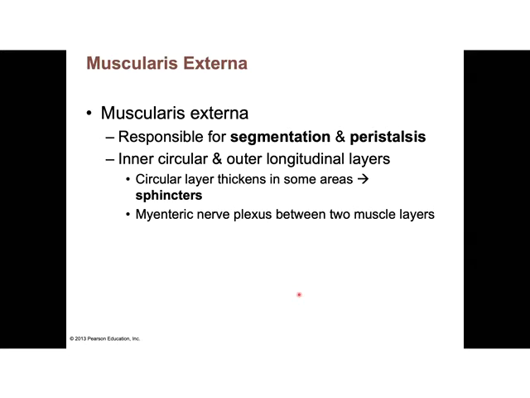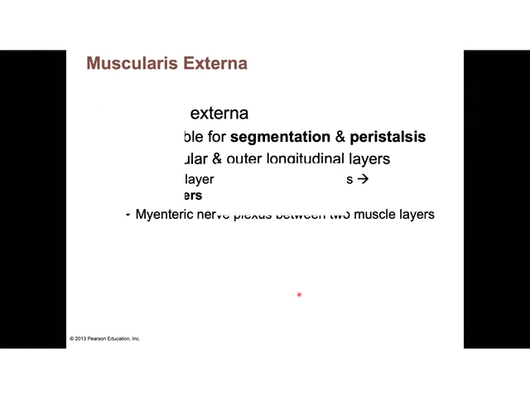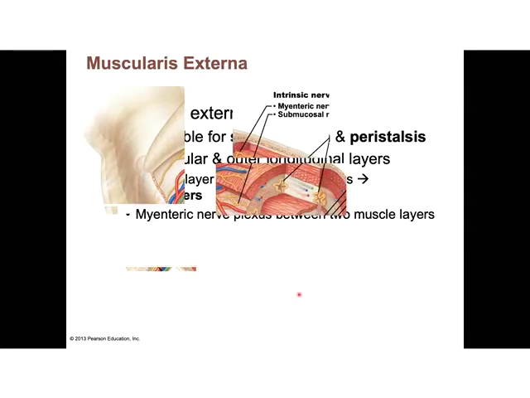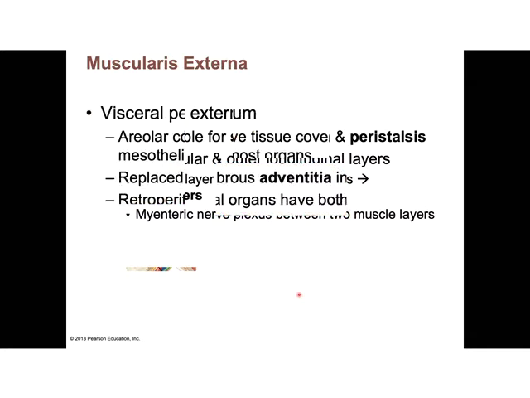The myenteric nerve plexus between the two muscle layers is part of the control mechanism that tells it when to contract. And again, it would operate even without any autonomic nerve leads to it. The serosa is visceral peritoneum that clings to the tract.